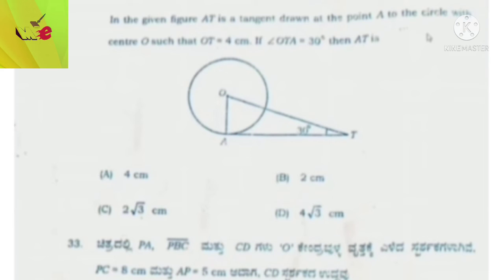AT is the adjacent side, OT is the hypotenuse, and the side opposite 90 is the hypotenuse. So the hypotenuse is 4, and we should find the adjacent. Adjacent by hypotenuse, we take cos. Cos 30 equals adjacent by hypotenuse. So AT by 4, cos 30 is root 3 by 2. Cross multiply, 4 root 3 by 2, cancel, means 2 root 3. So option C is the right answer.